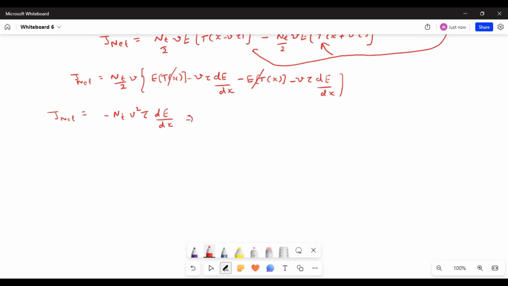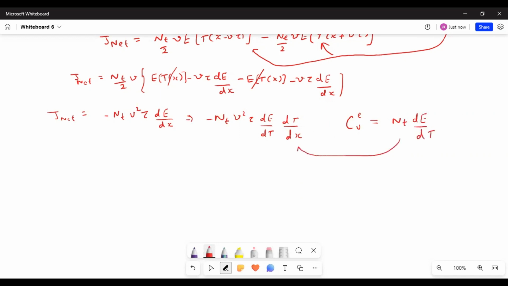Or it can be further written as minus n tau V square, so dE by dT and dT by dx. And from the previous lecture, we know specific heat of electron at constant volume is dE by dT.